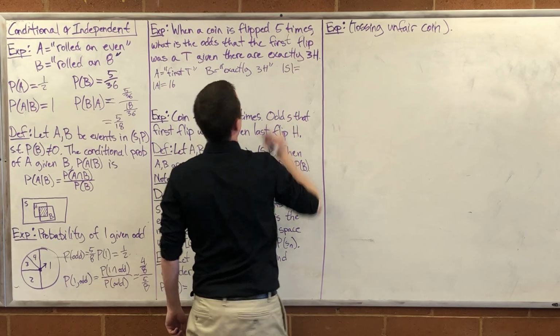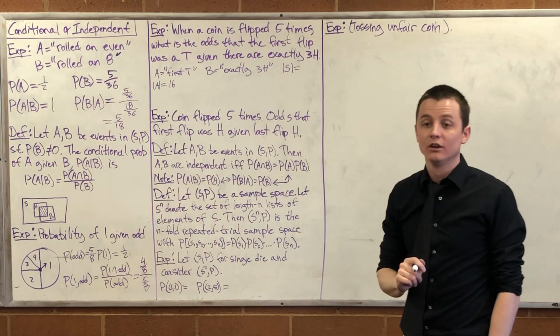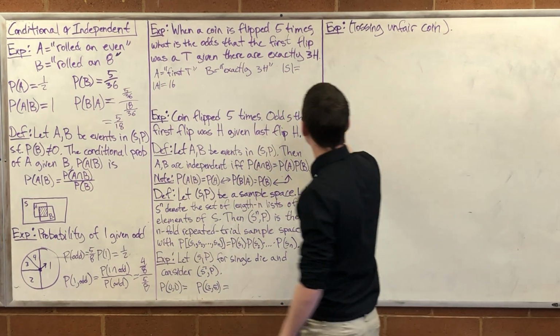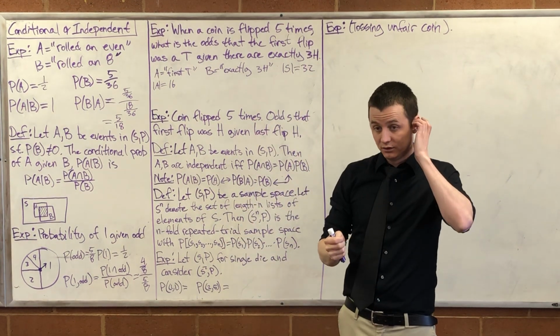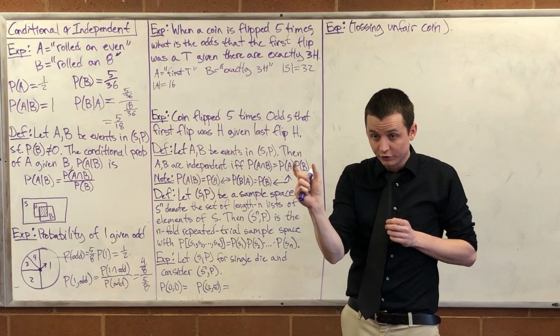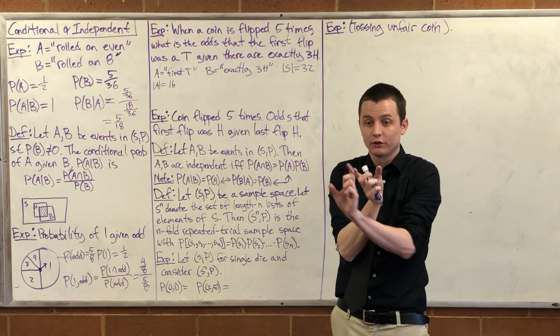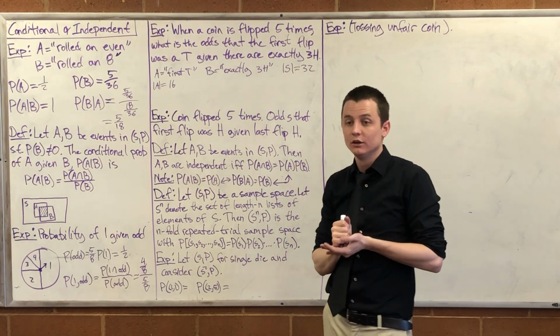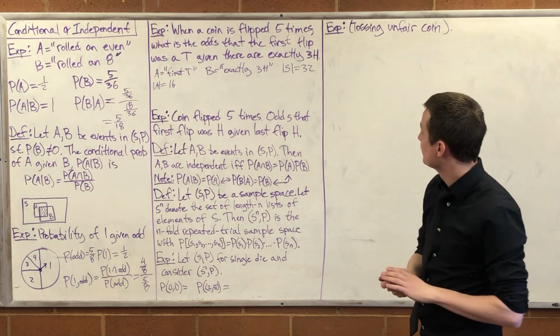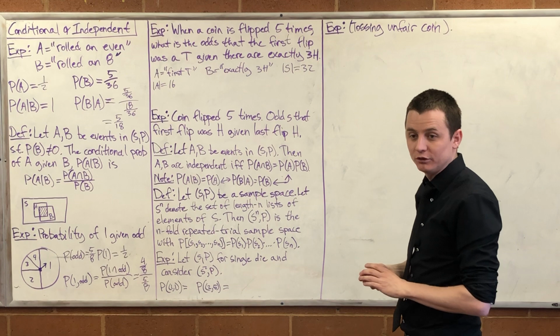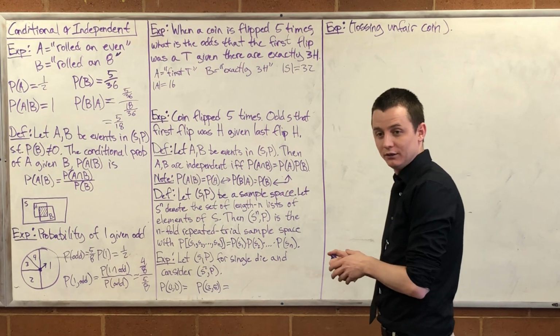The size of our entire set of outcomes is 32, because 2 to the power of 5. I have 2 options for the first flip, 2 options for the second, 2 for the third, 2 for the fourth, 2 for the fifth. 2 times 2 times 2 times 2 times 2 is 32.